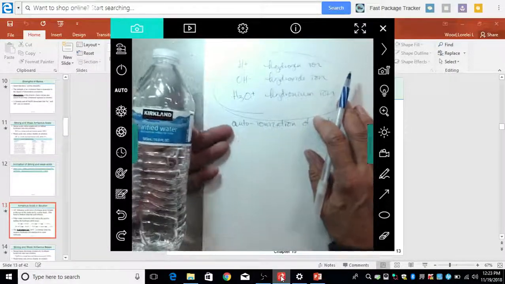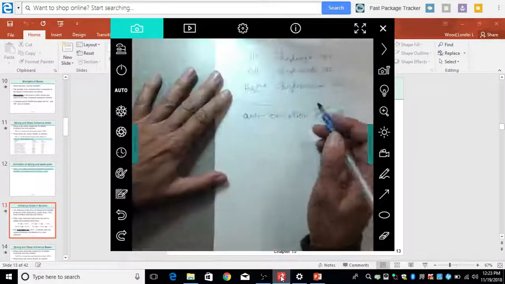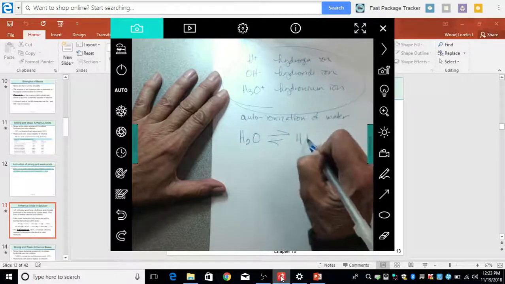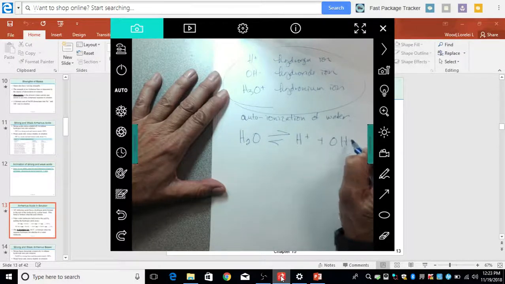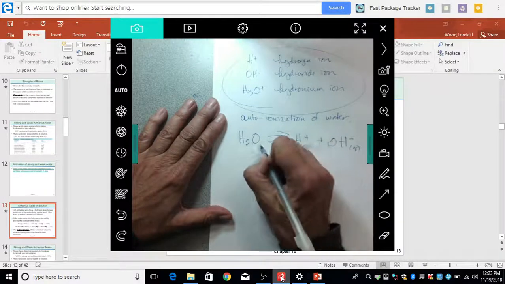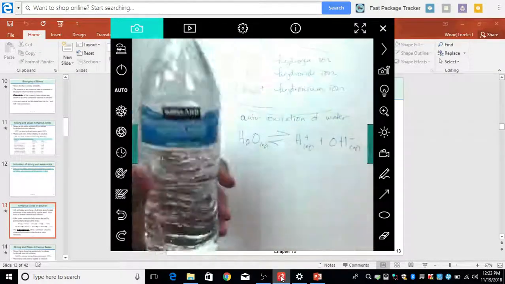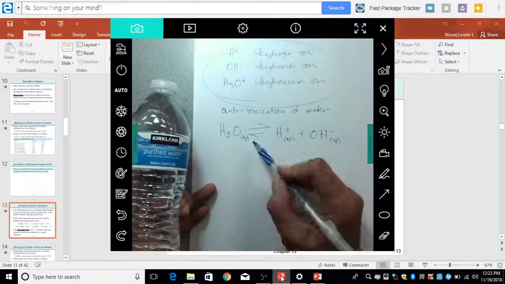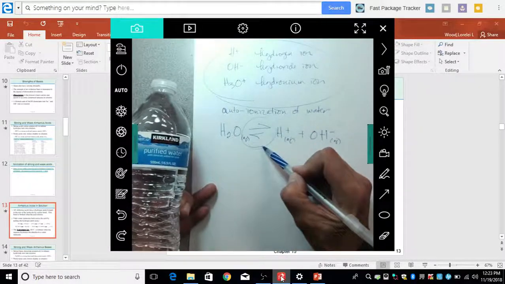Okay, so auto-ionization of water. This is happening right now in your water bottles that you are enjoying your water out of. What happens is, keep in mind that's an equilibrium arrow, right?